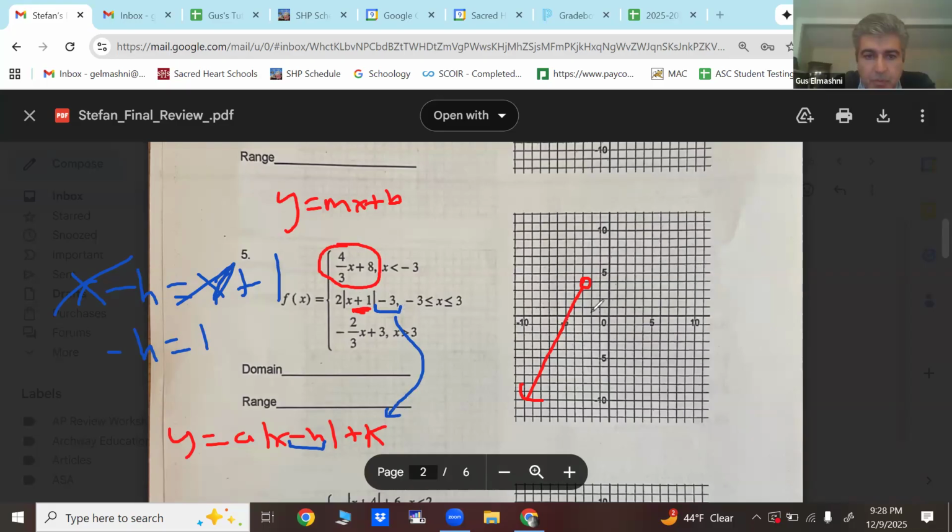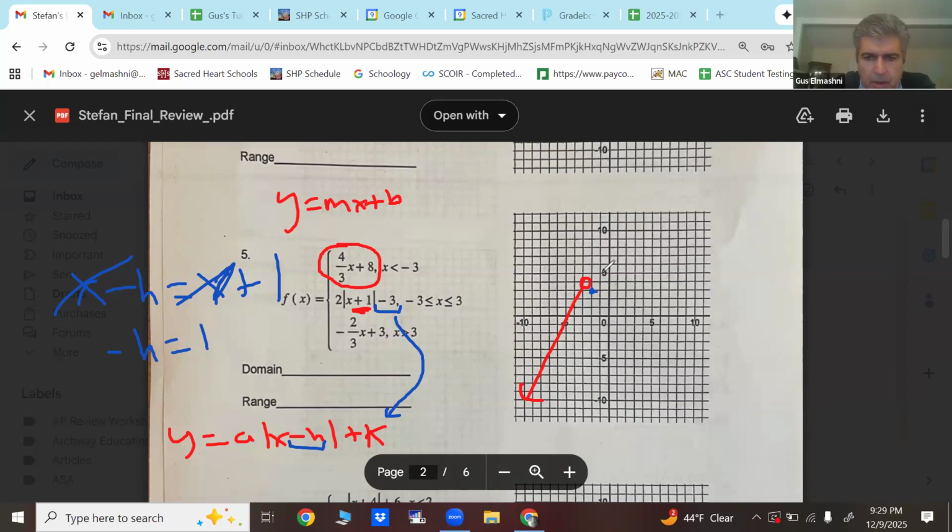Which actually doesn't line up. No, it's -1, -3 is right here. Let me just make sure I'm doing this right. Okay. Then the slope is 2.